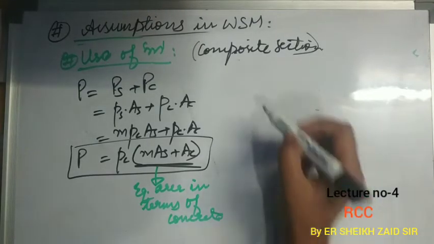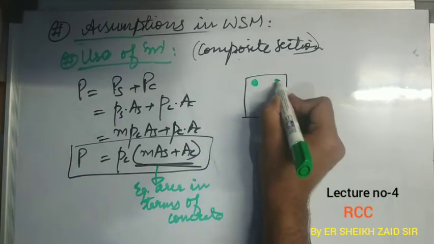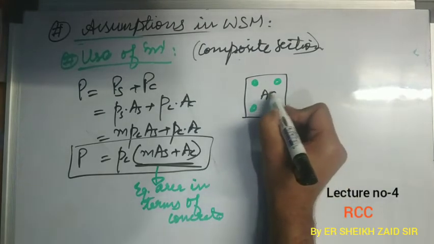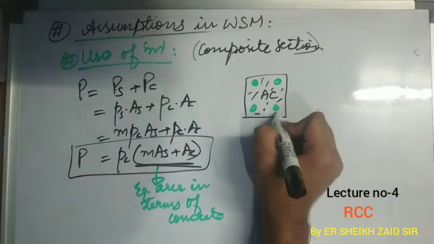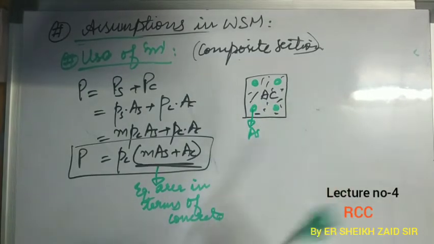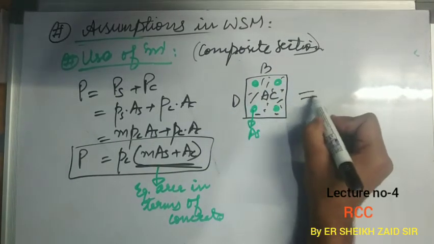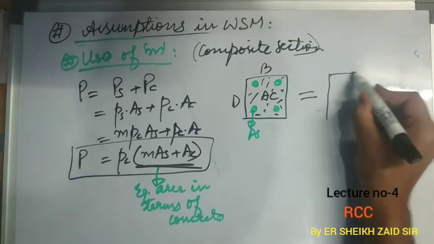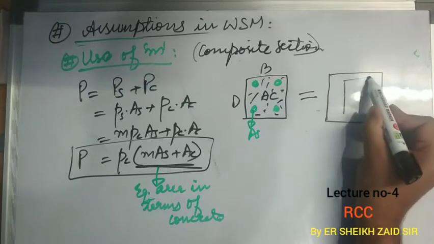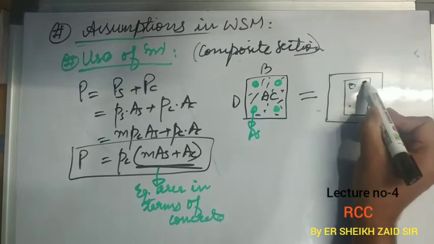If this was our original section in which these were reinforcing bars, or you can say this was our AC, this portion, and this was our area of steel, AS, and if this was our depth and this was width, then we have transformed this area like this, where these are hollow.